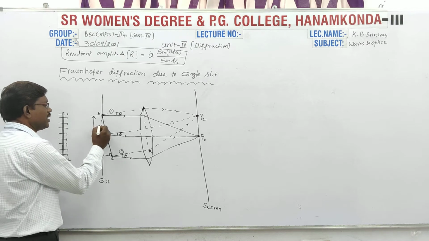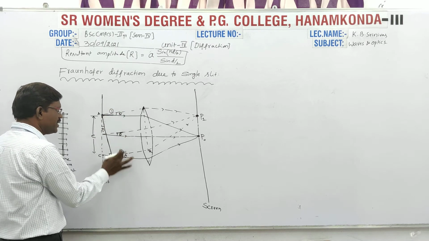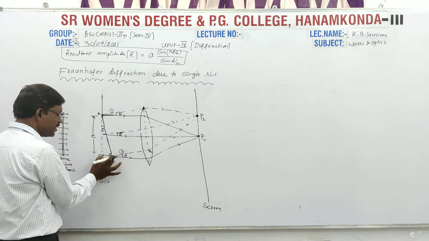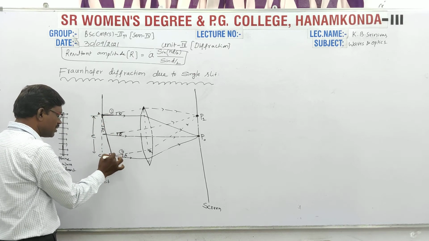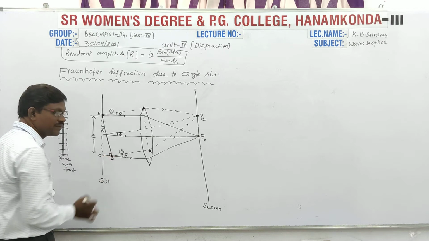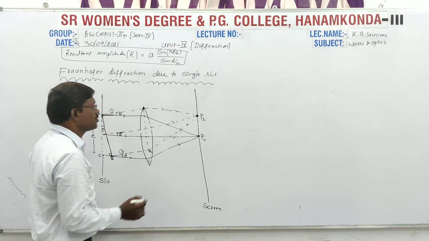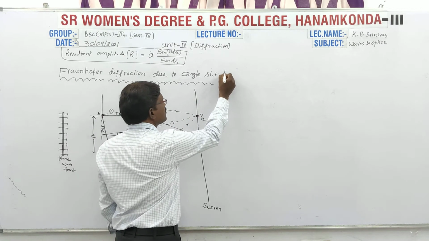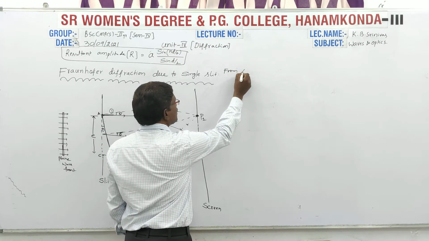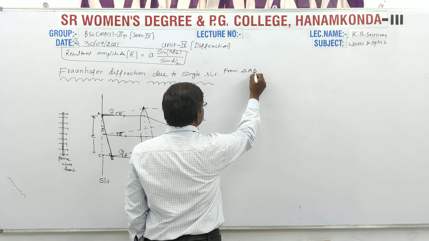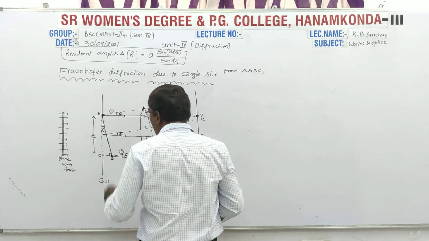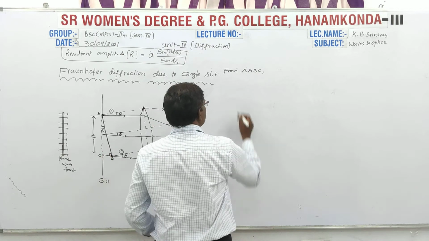I want to calculate the path difference between these 2 rays, that is BC. To calculate path difference, I have assumed a normal. What is the name of the normal? AB. Is it clear? So from triangle ABC, it is a right angle triangle. My aim is to calculate the BC value.